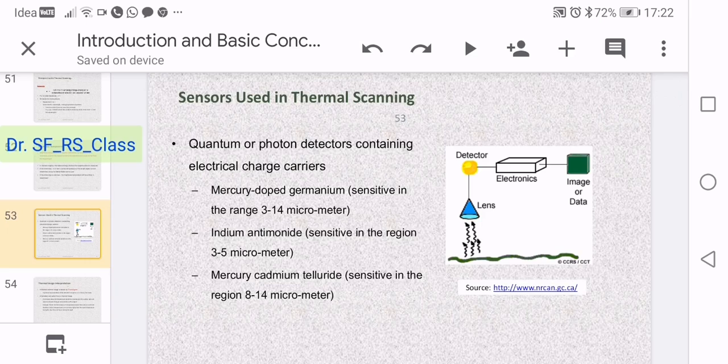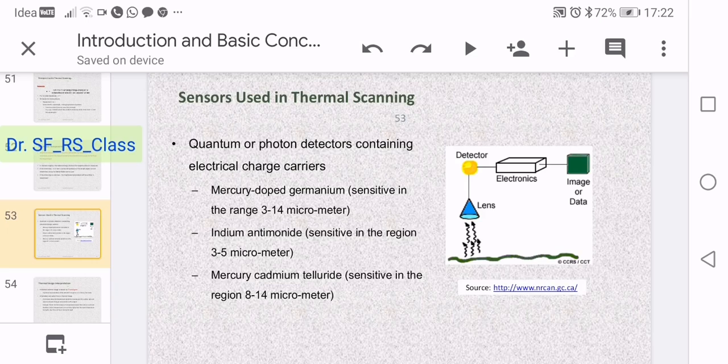So 3 to 5 and 8 to 14 are the sensing areas of the thermal region where we have atmospheric windows, and indium antimonide and mercury cadmium telluride can sense these, or we can use mercury doped germanium to identify the entire range of 3 to 14 micrometer.